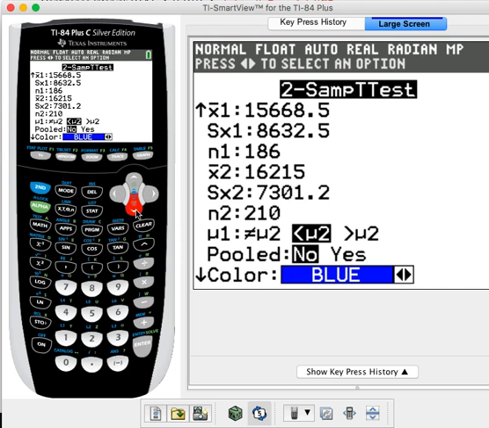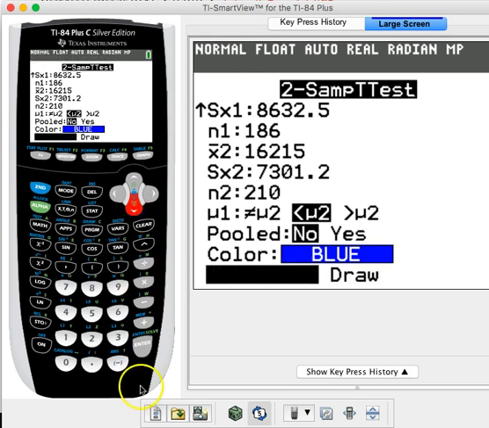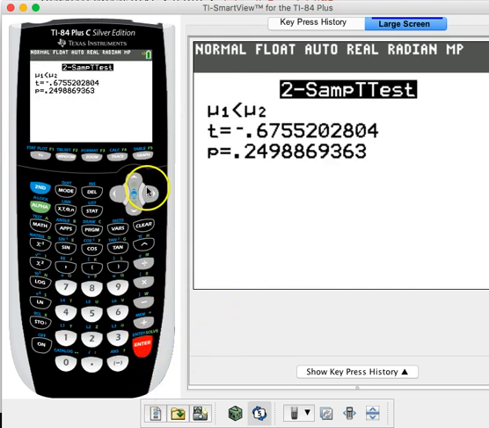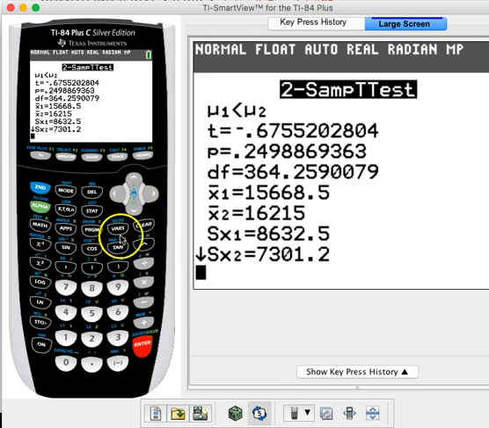Always keep it pooled no, and then press enter. All right, so then our values here, we get our t value as negative 0.68.